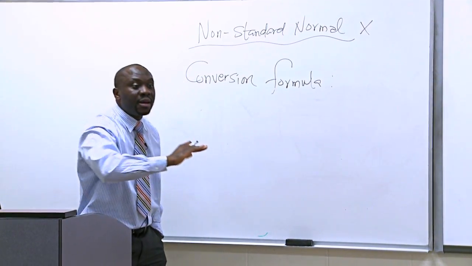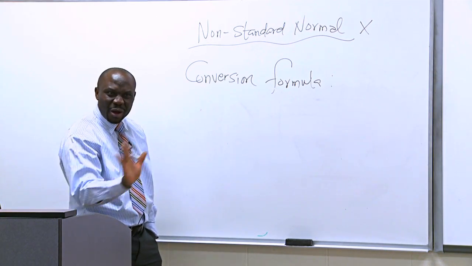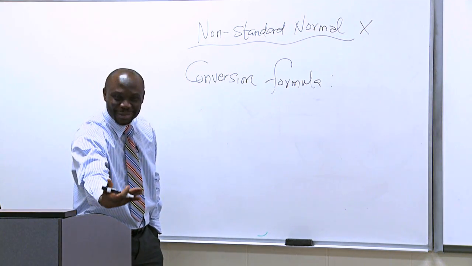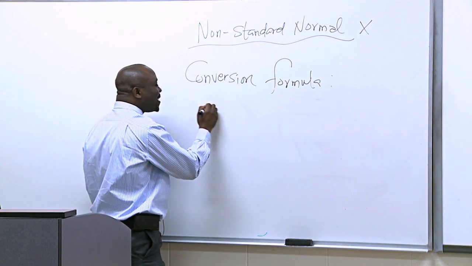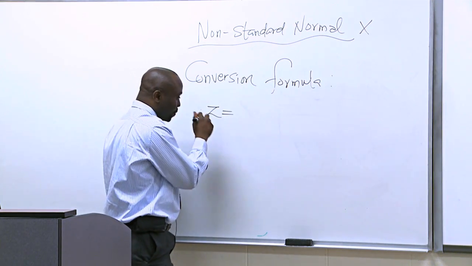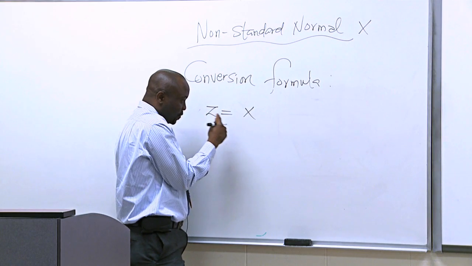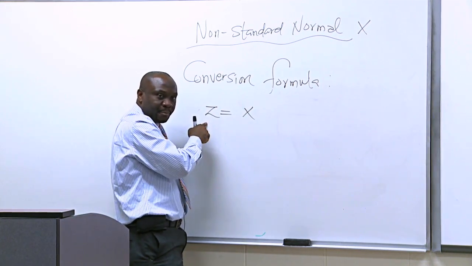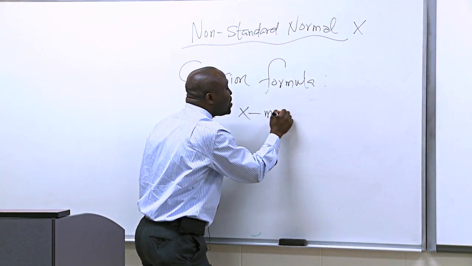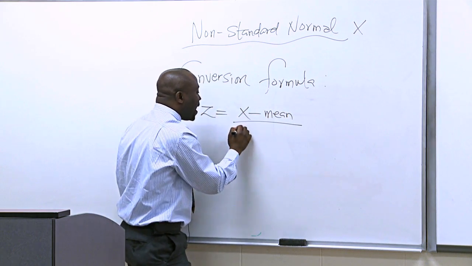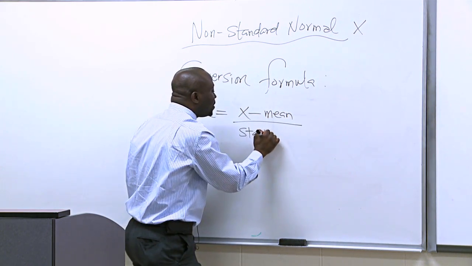How do we do that? I'll first write that in English because some of you appreciate that before I give you the statistical symbols. So Z, if you have X and you want to change X to Z, you will subtract the mean and divide by the standard deviation.